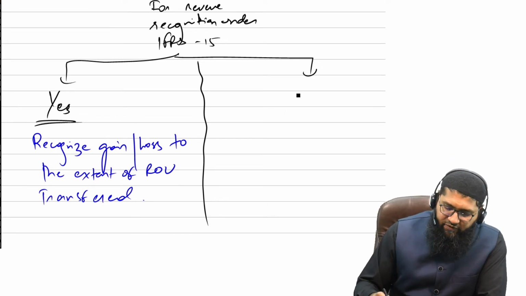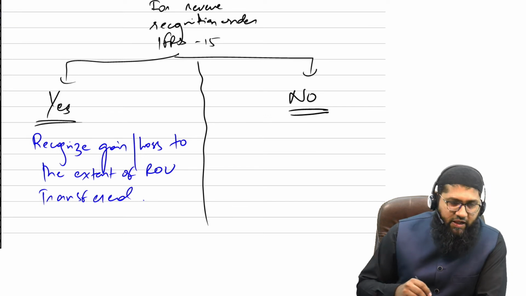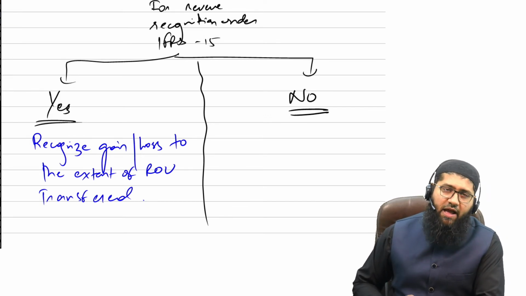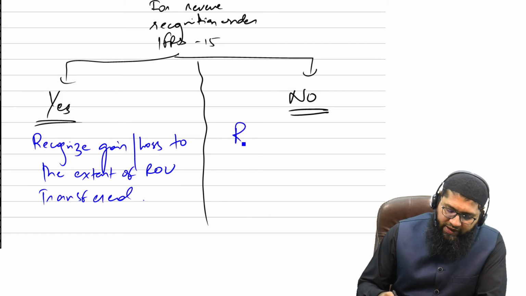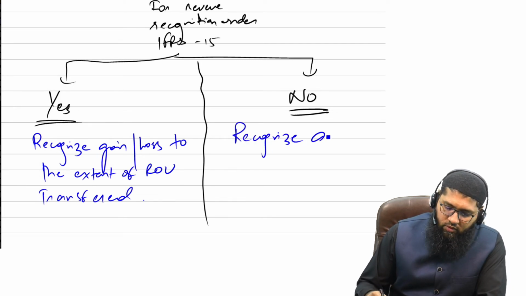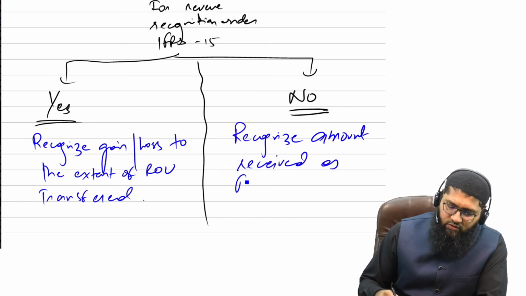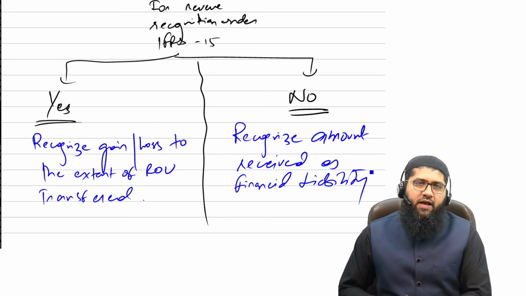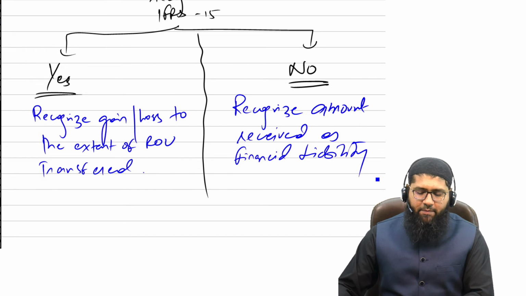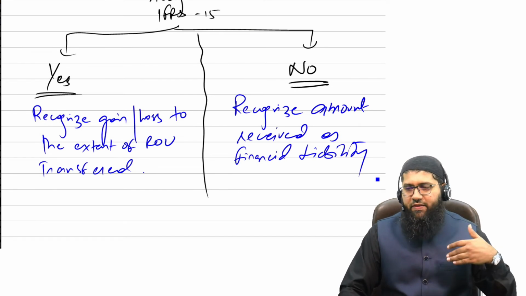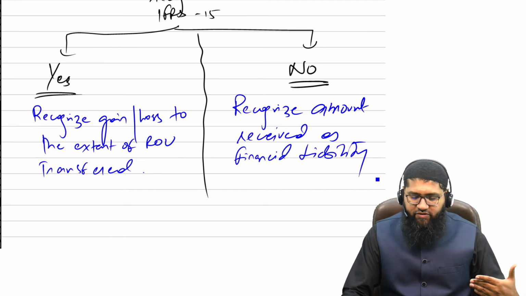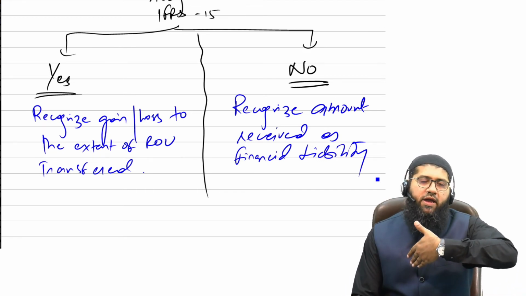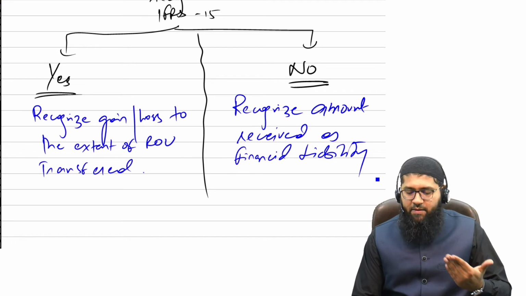In case the sale does not meet the criteria, you have to recognize the amount received as a financial liability. So basically you recognize either the gain or loss to the extent of right of use of the asset transferred, or if the sale does not meet the criteria, you recognize the amount received as a financial liability.